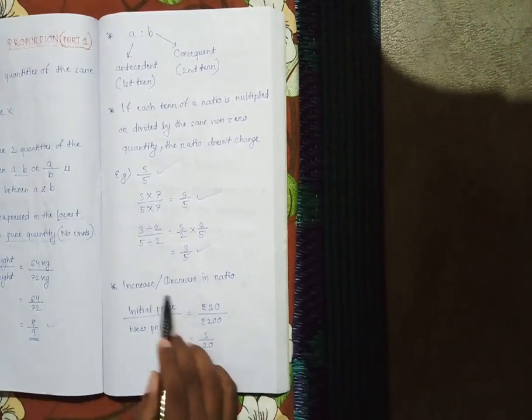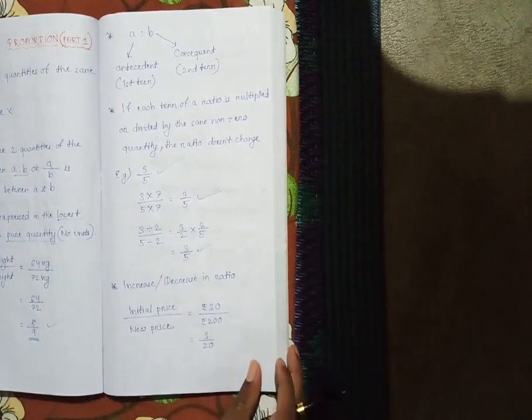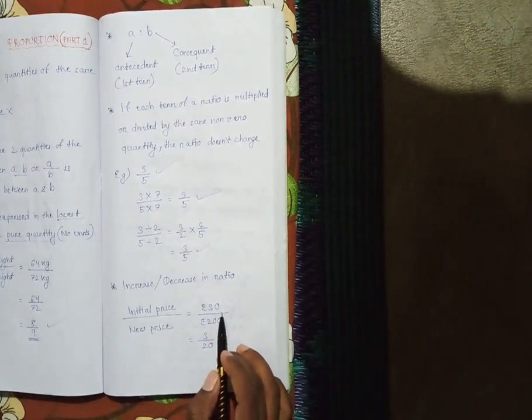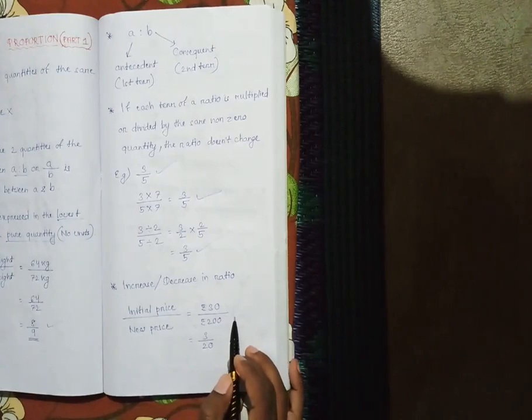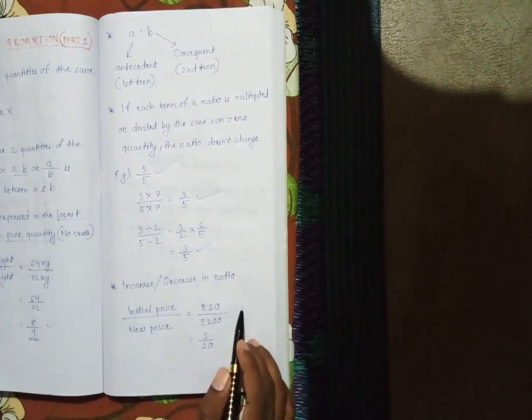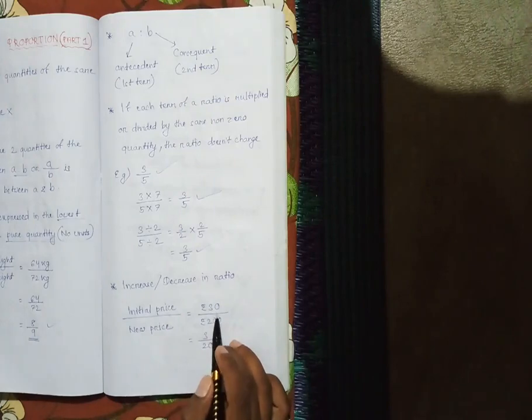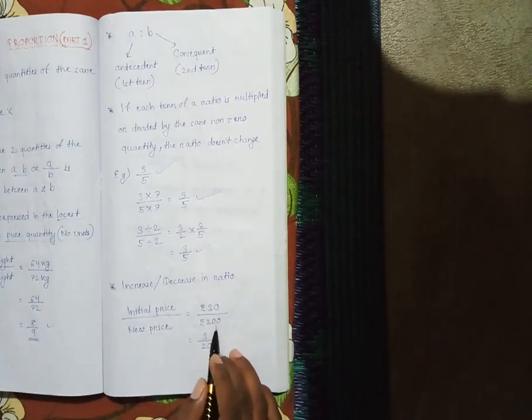Next is increase or decrease in ratio. Suppose when the lockdown started, the price of broiler chicken had decreased to a great extent. At that time the price was rupees 30 per kg and present price is rupees 200 per kg.